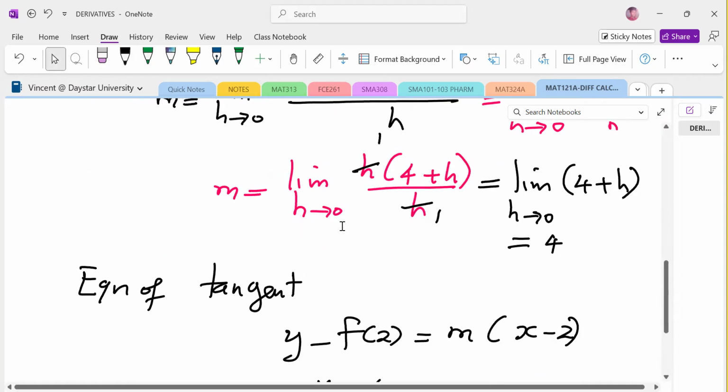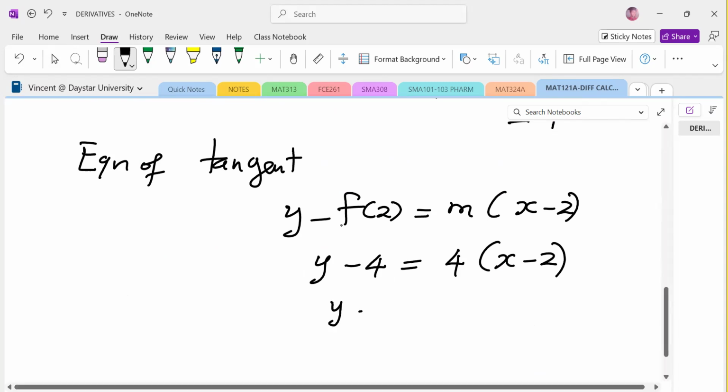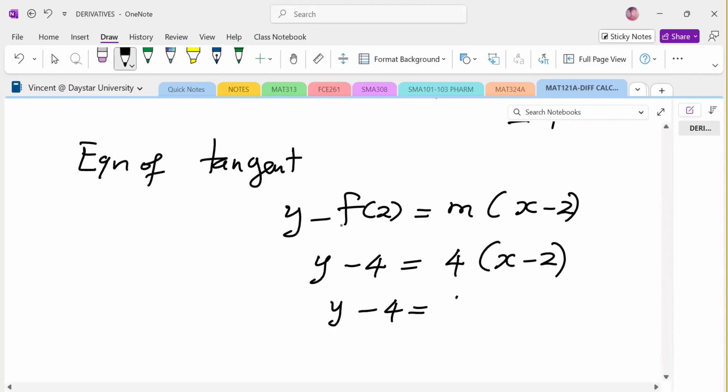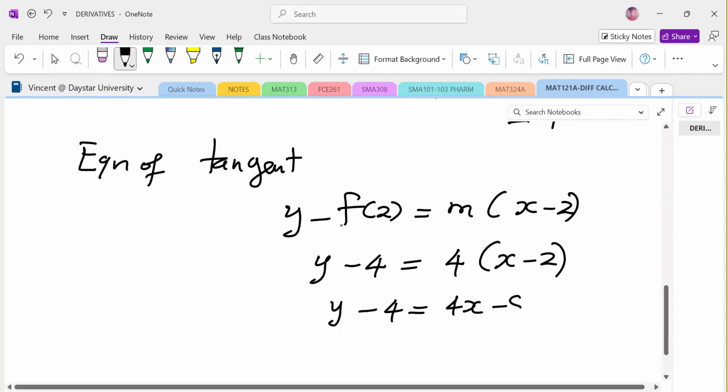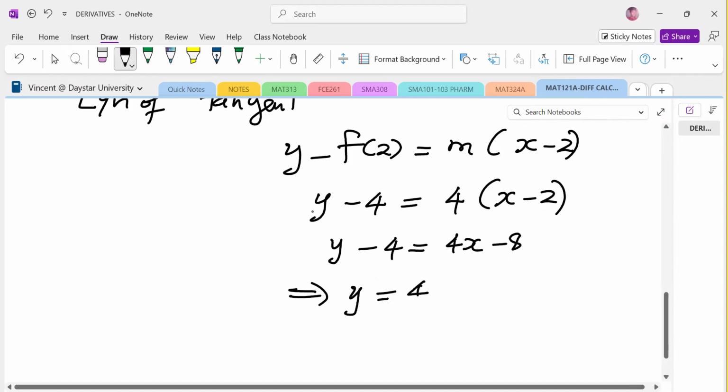Our slope is 4, times x minus 2. So this is the same as y minus 4 equals 4x minus 8. Which implies, when you arrange in the form y equals mx plus c, you'll have y equals 4x, and now minus 4 will be plus, so minus 8 plus 4 is minus 4. So this will be the equation of the tangent.